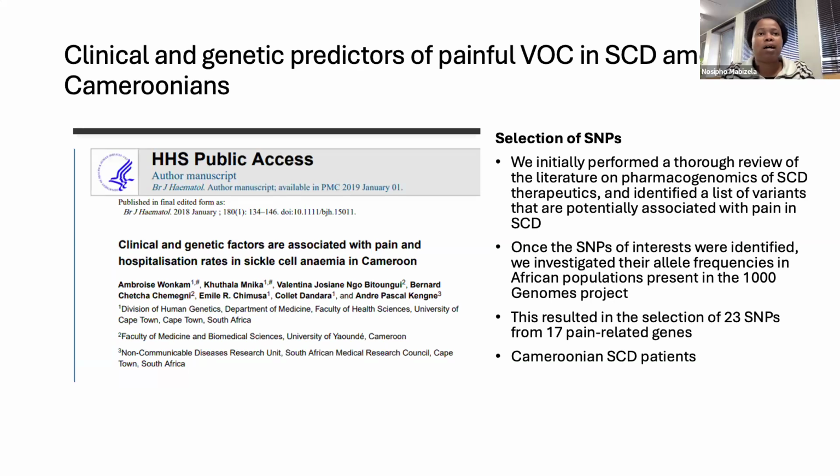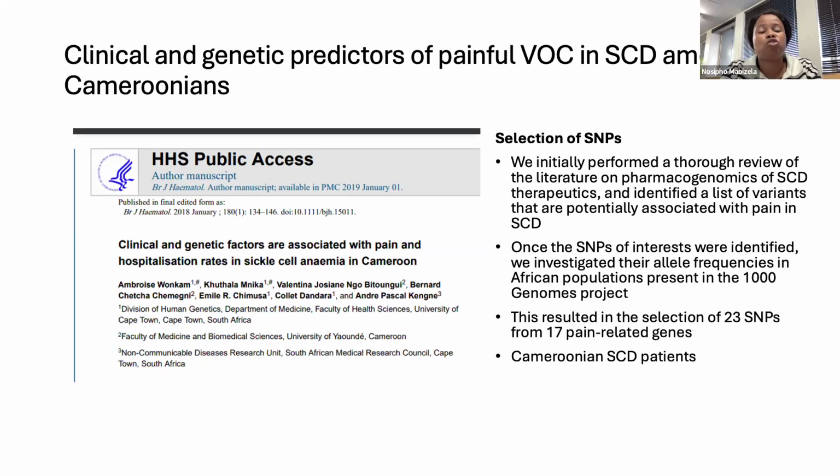This study stemmed from the literature review. All those genes, or genetic SNPs, that we identified that are associated with pain or vaso-occlusive crisis or fetal hemoglobin level were included, and we did a genetic characterization just to see if we are seeing these SNPs in our population.